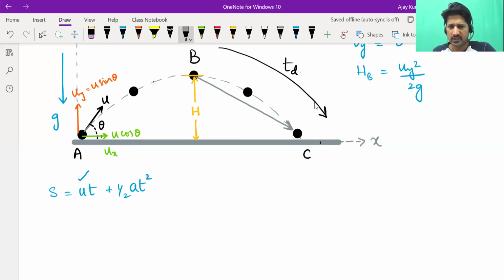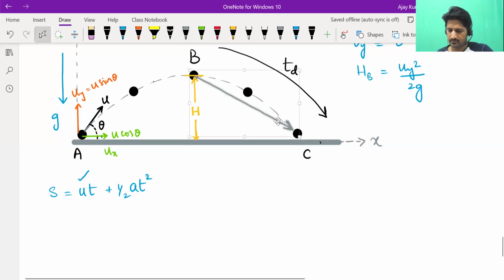But do we know the x component or y component of this displacement? Anyone? We know the y component, no?